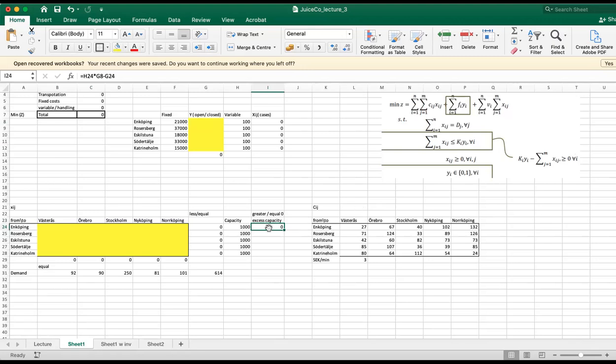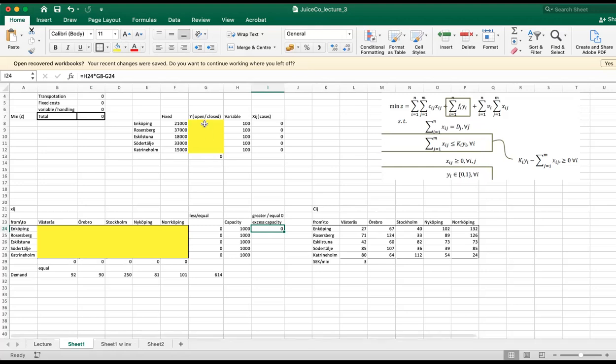So for example, let's say that in Shopping the algorithm has decided that it is 1, it is open. Okay, so now it hasn't sent anything and we have excess capacity of 1000. But if it sends 500 to Stockholm, it means the total capacity here that we will pay for, 100 each, is 500.